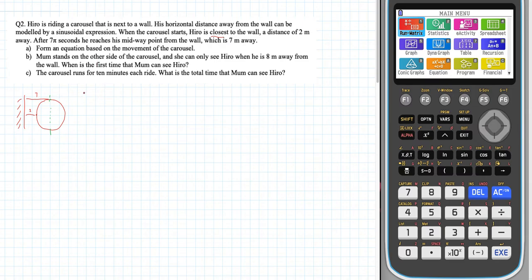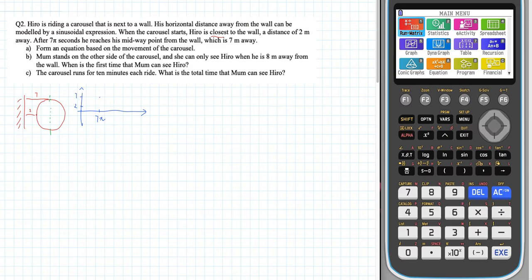So if we draw a little graph, let's have a look at what it looks like. At the start, that will be the closest, so that's 2 meters at the start. And then after 7 pi, I reach the midway, so that's 7 meters.